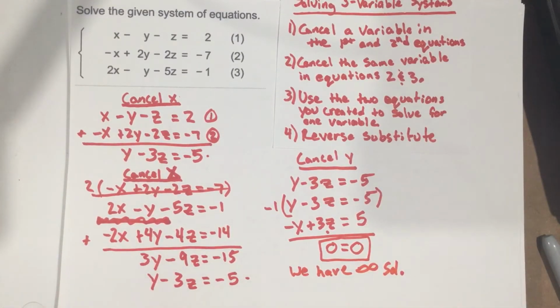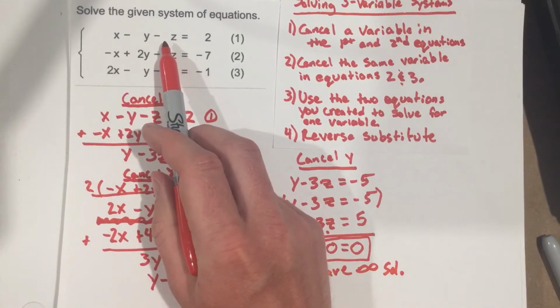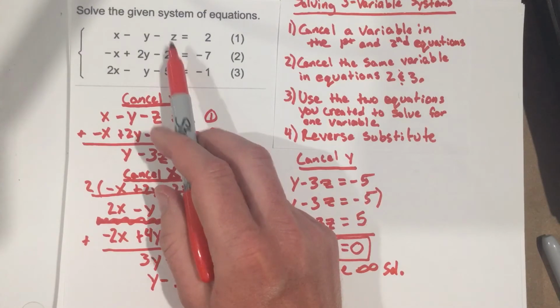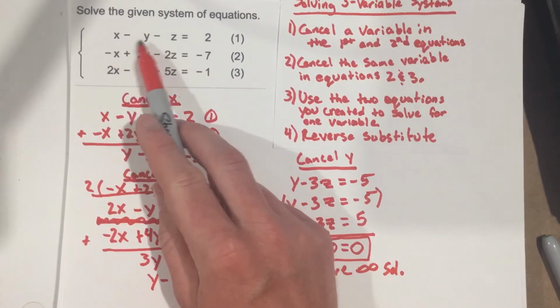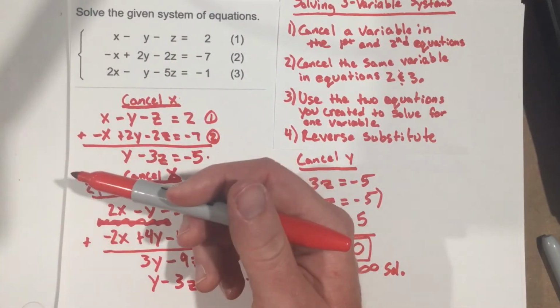But this problem is a little different because when we find out that we have infinite solutions, because it's 3 variables, all that really means is one of the variables can be any number, and the other 2 are going to have set numbers based on the one variable that we choose to be infinite.